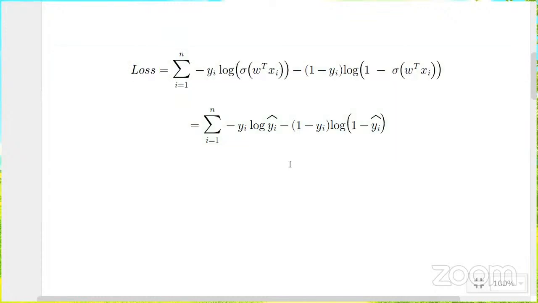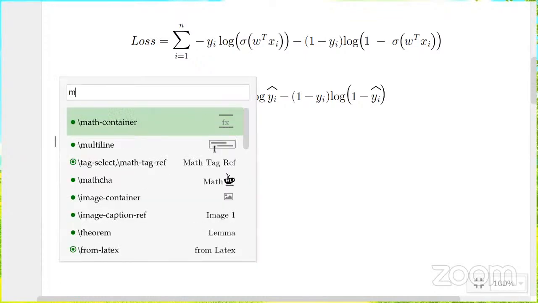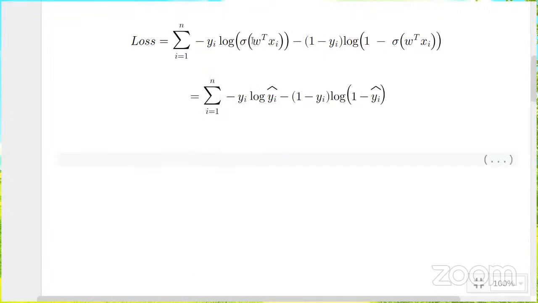Just focus on one example. Let's say that training example has label 1. If the training example has label 1, what do you think this expression will become? Just forget the summation and look at this expression.